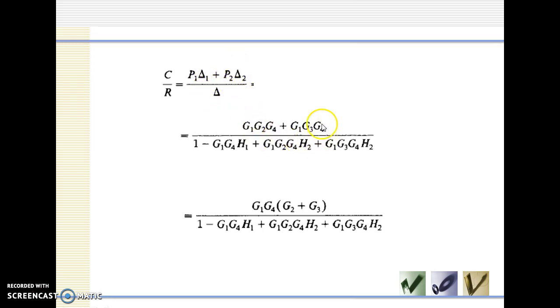We have two forward paths, G1, G2, G4 plus G1, G3, G4, divided by delta, which is 1 minus the sum of individual loop gains. We have three loop gains, G1, G4, H1, G1, G2, G4, H2, and G1, G3, G4, H2. So finally, we arrive at the transfer function of this signal flow graph using a single equation. That is an advantage of Mason's rule.